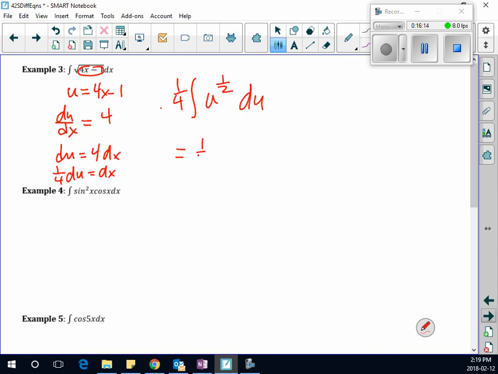So it's going to be 1/4 times 2 over 3 u to the power 3 over 2 plus c. So the 2 and the 4 you can cross cancel, right? Okay, so then this is going to be 1/6, and remember our u was 4x minus 1, to the power 3 over 2 plus c.